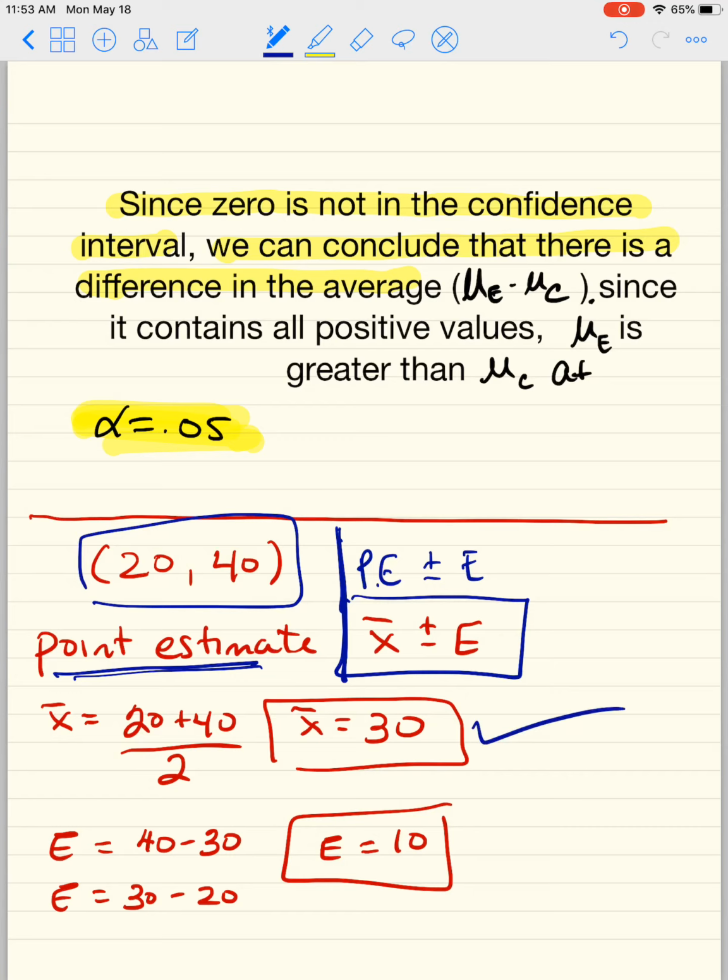That's 30. After that, I just have to see what my distance is from either one of these. So from 30 to 40 is 10, or from 20 to 30 is 10, so the margin of error is 10. Isn't it true that we can write this as 30 plus or minus 10? So this is the work. You can pause the video, take down notes if you want to, but that's how we find the point estimate. The point estimate is either p hat or x bar, and it's just the average of the interval, okay?